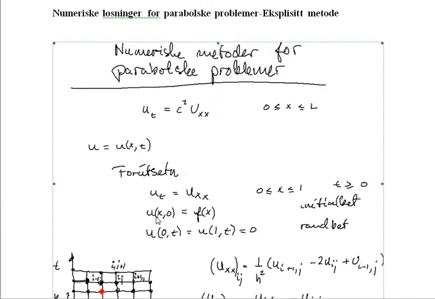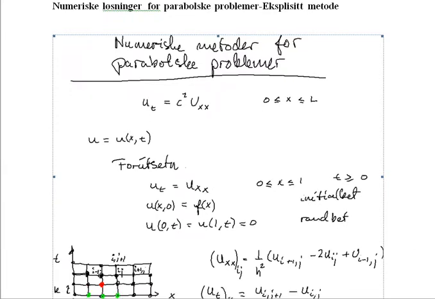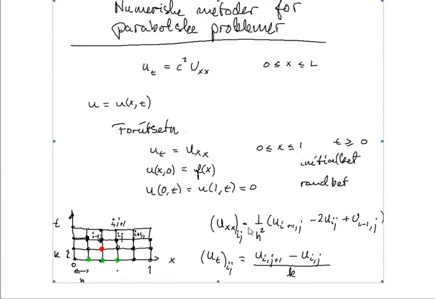Then we know the temperature in all points. Moreover, we have that the boundary values are satisfied, and usually we write that the boundary values are equal to 0, just for simplicity.